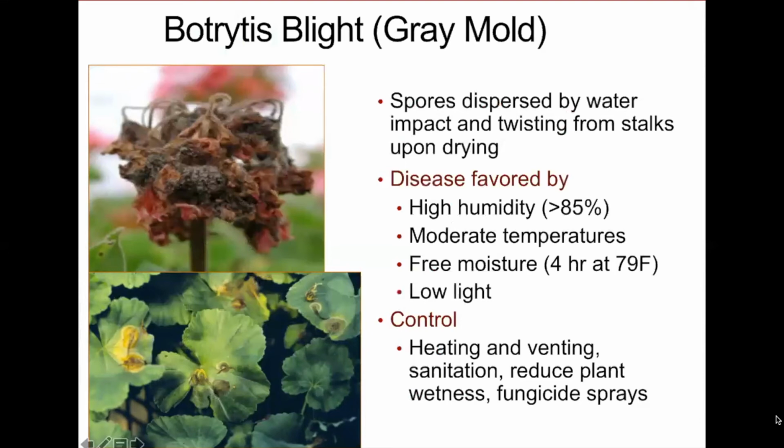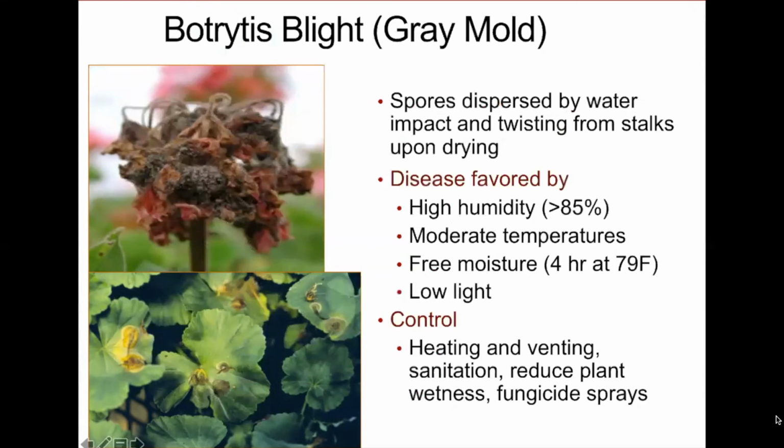It can survive in these low temperatures, which is completely bizarre for different diseases in general, because usually they die if it's below 70 or 65 degrees, but here it's going to survive at 39 degrees or lower. So it's really important that we get this under control and make sure that the sanitation is there when it comes to botrytis blight.